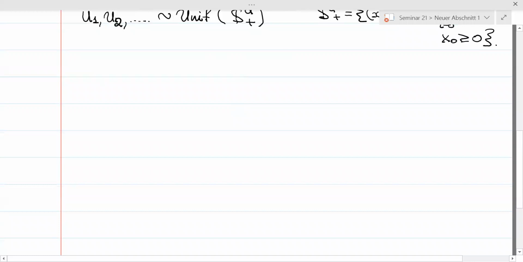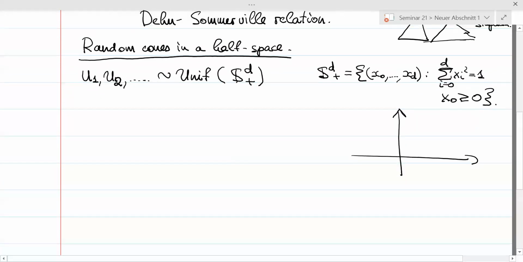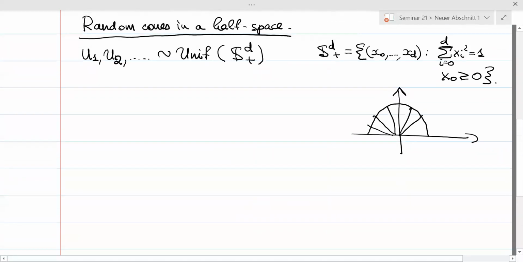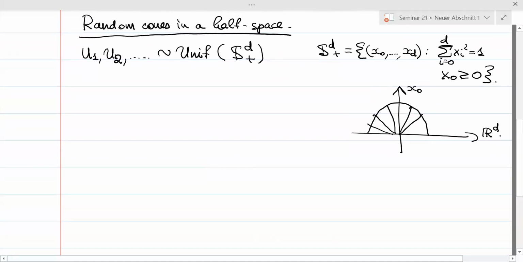Let's say if d is equal to 1, then this looks as follows. Here are the vectors U_i. Here is the 0th coordinate, and here are all the others, and they form a d-dimensional space. And then I will form a cone which is spanned by these vectors. So in this case, it is just this angle.